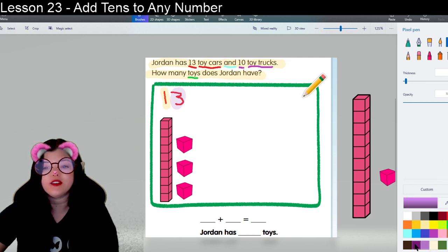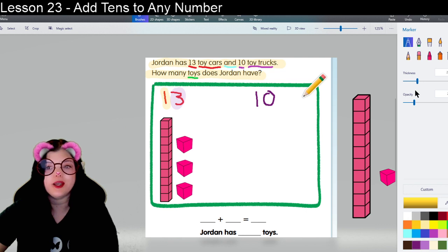And I know by looking at the question that Jordan has 10 toy trucks. And when we look at the number 10, how many tens in the number 10? How many groups of 10 in the number 10? If you said 1, you are right.